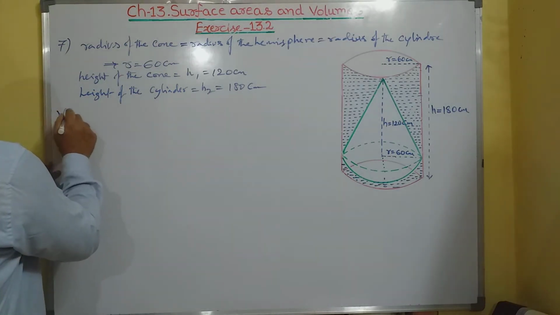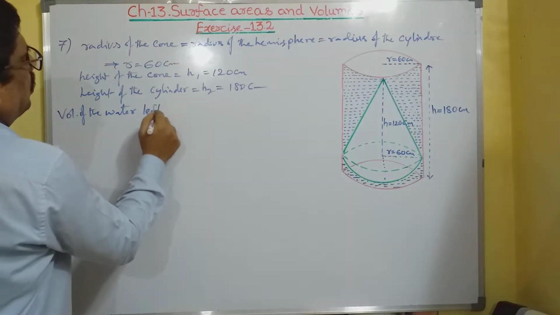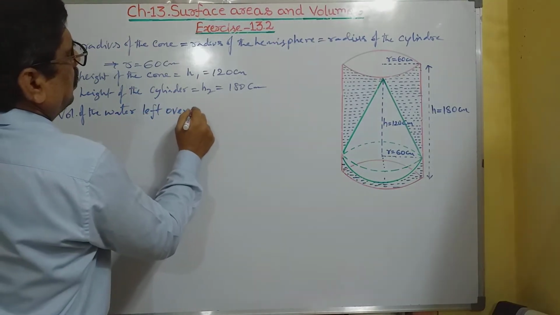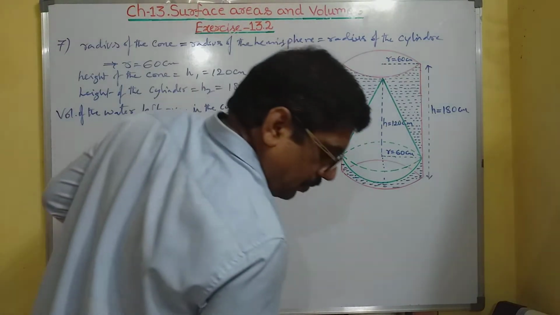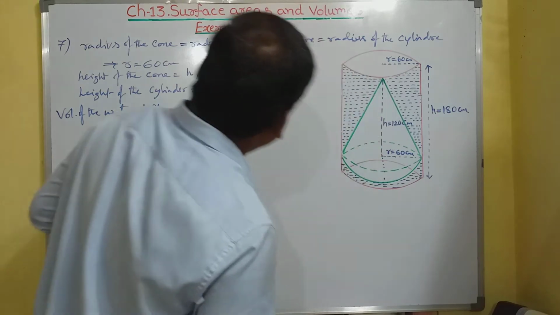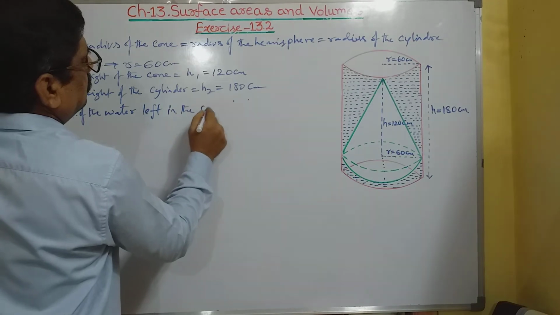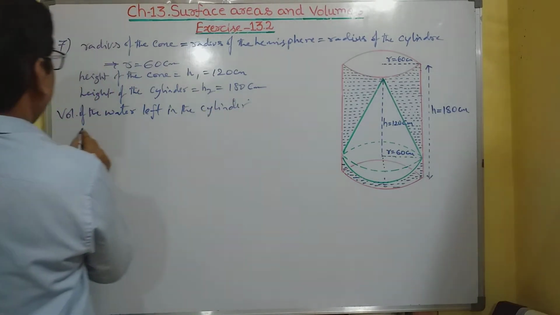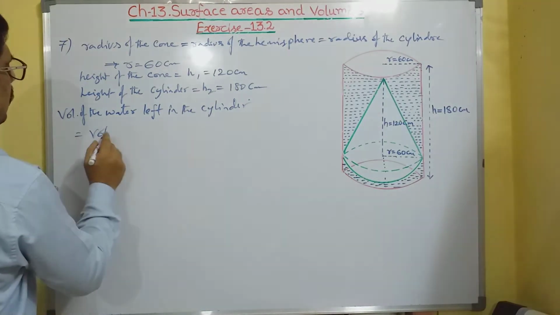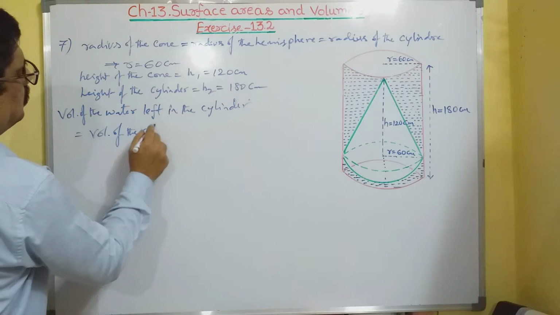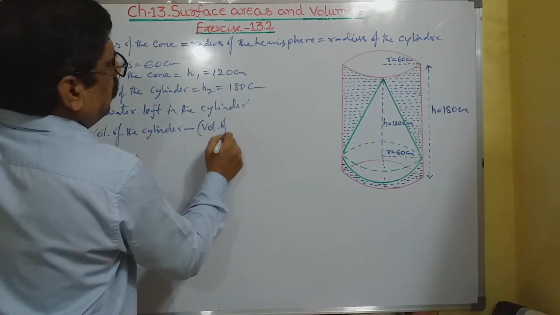So volume of the water left in the cylinder is equal to volume of the cylinder minus volume of the solid.